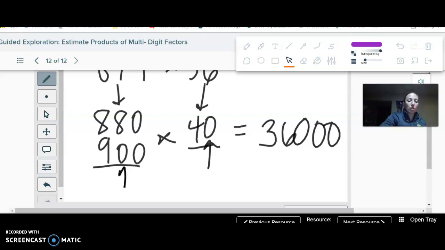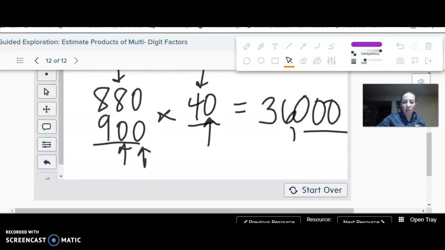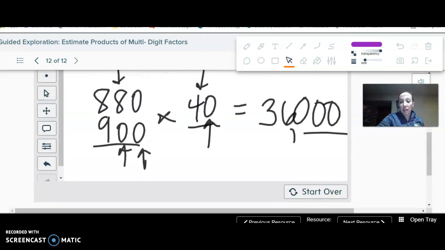1, 2, 3 zeros. Put my 3 zeros on. So 36,000. If I had done 880 times 40, I would just have to do 88 times 4, and I'd say, okay, that's 32, plus that's 35, so 352.